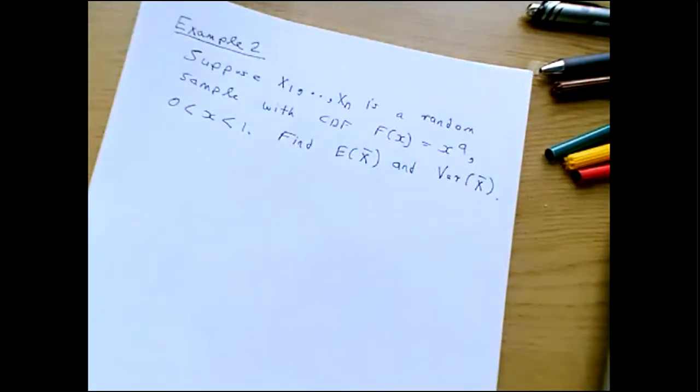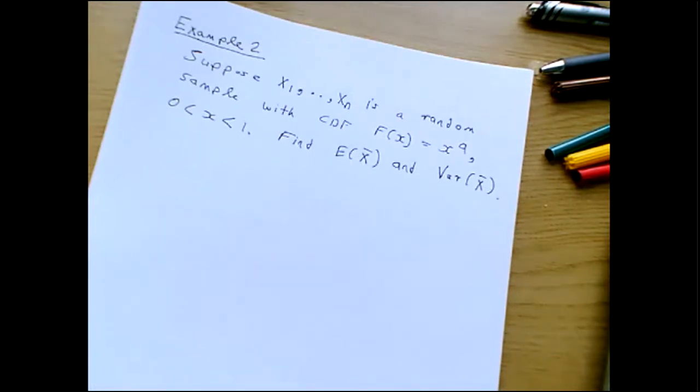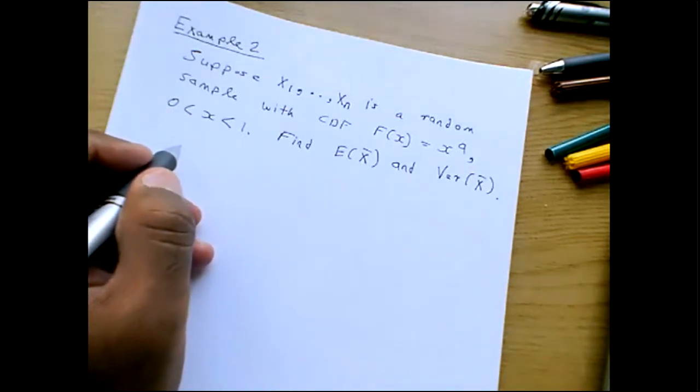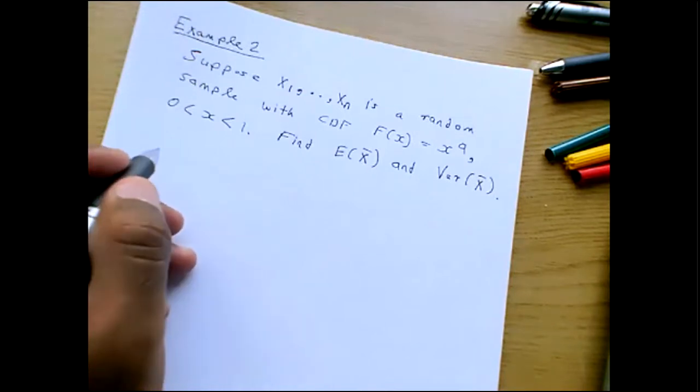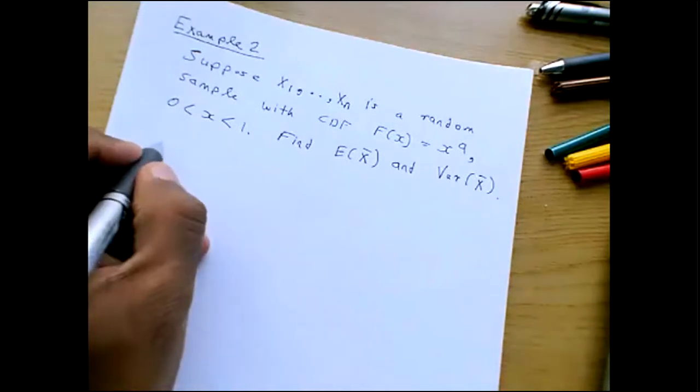So this is the second example, where you have a random sample from a population with a cumulative distribution function equal to x to the power a, for x between 0 and 1, and we want to find the expectation of x bar and the variance of x bar. The first thing we must do is to find the population mean and the population variance for the x's.